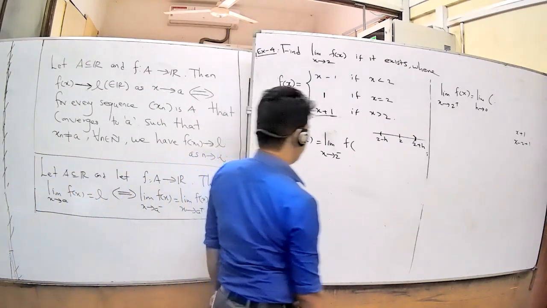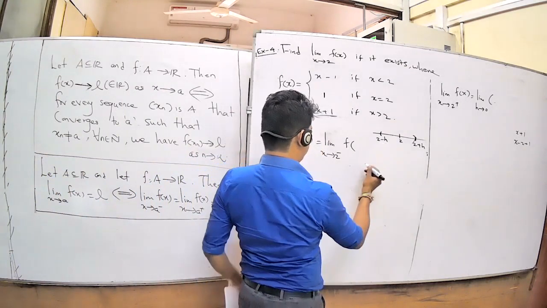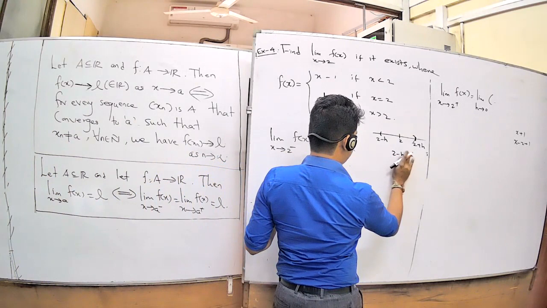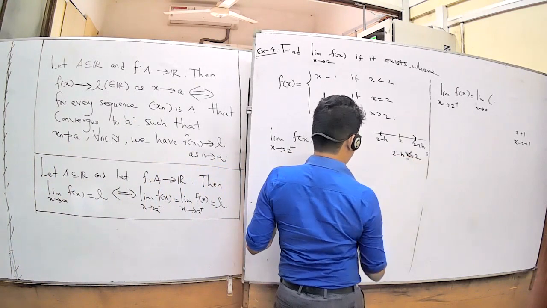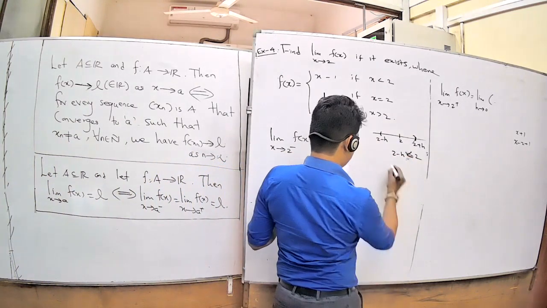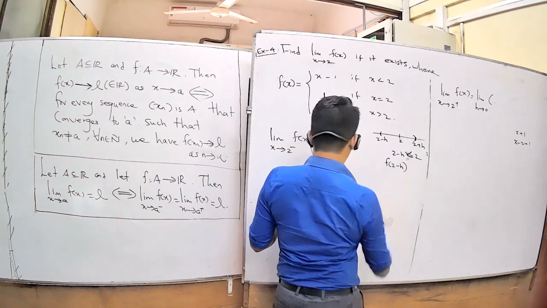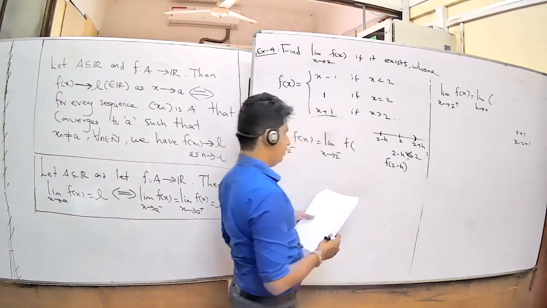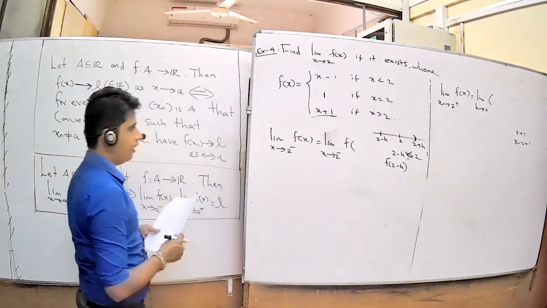Now suppose this 2 minus h is less than 2, right? 2 minus h less than 2. What about f of 2 minus h? What is the value of f of 2 minus h? Right. In this question, we can do like this.